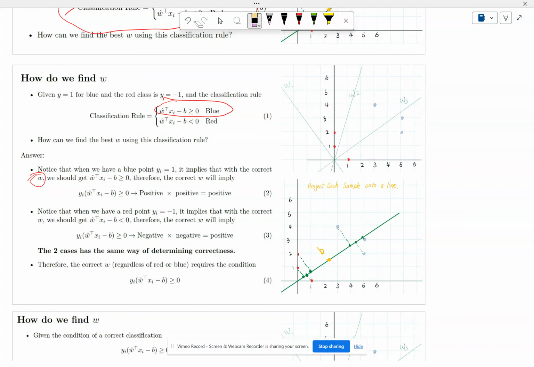Now, I think that part is a point where people get confused. So let me slow down and try to explain that same concept again. Notice that when you have a blue situation, these blues are 1, these reds are -1. That's how we label them. With the blue situation, as I showed you previously, this condition must be true.